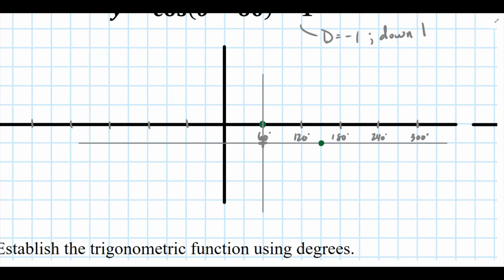Then we can plot 180, -1, and 270, 0. We ran out of room in this direction, but can continue the pattern on the left side of the graph.